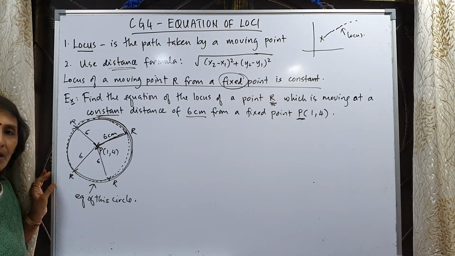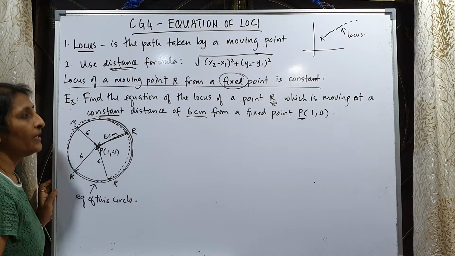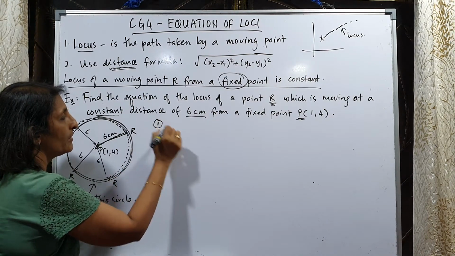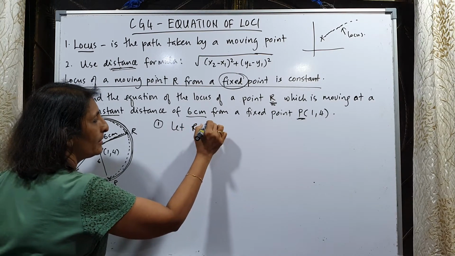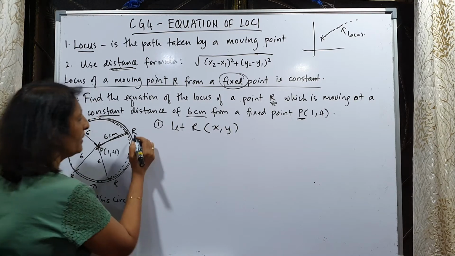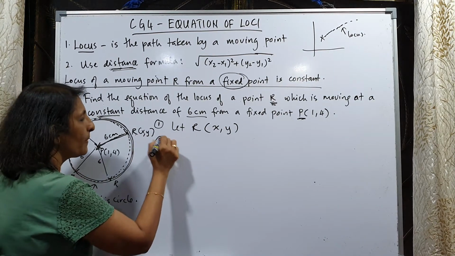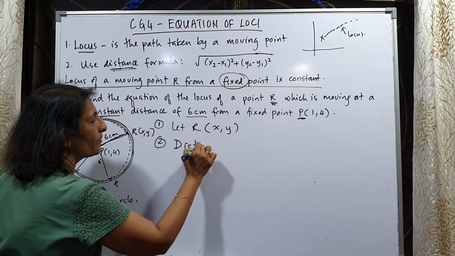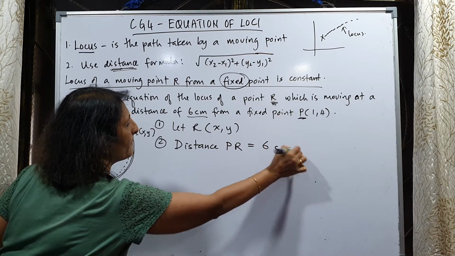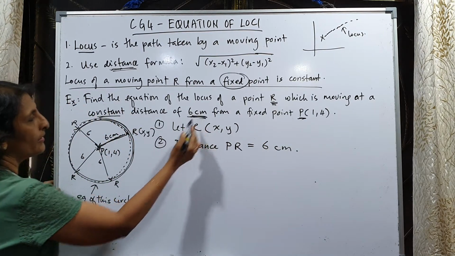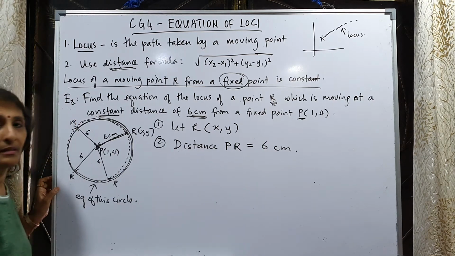Okay, how do we find the equation of this circle? We are going to use the distance formula. Now step 1 is, first you let the coordinate of the moving point R be xy. Okay, let R be xy. Then step 2, we know that the distance of P to R is 6 cm, because we are given here that R is always 6 cm away from P. So we know the distance of PR is 6 cm.